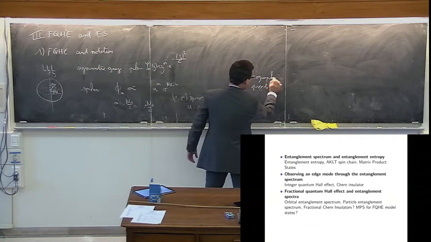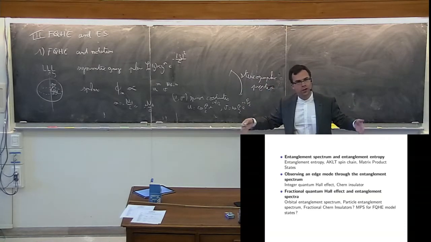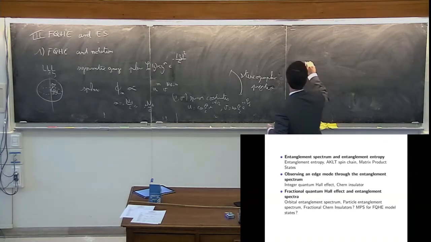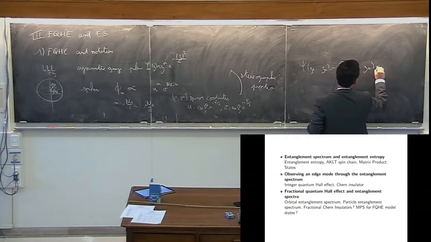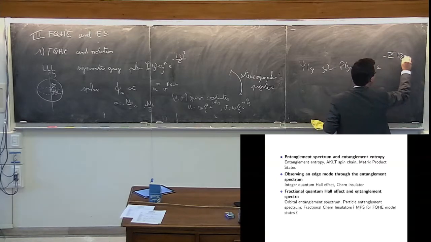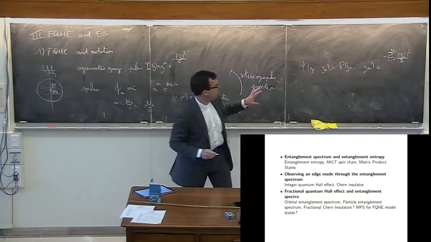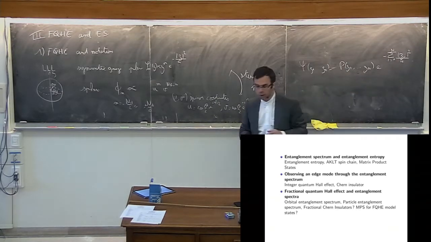Roughly speaking, up to some factor, you have to take care of the Gaussian term. Remember that when you write down a many-body wave function in the lowest Landau level, on the plane, it's a polynomial in the electron coordinates times the Gaussian weight. For the time being, we will forget about this Gaussian term and focus only on the polynomial part.